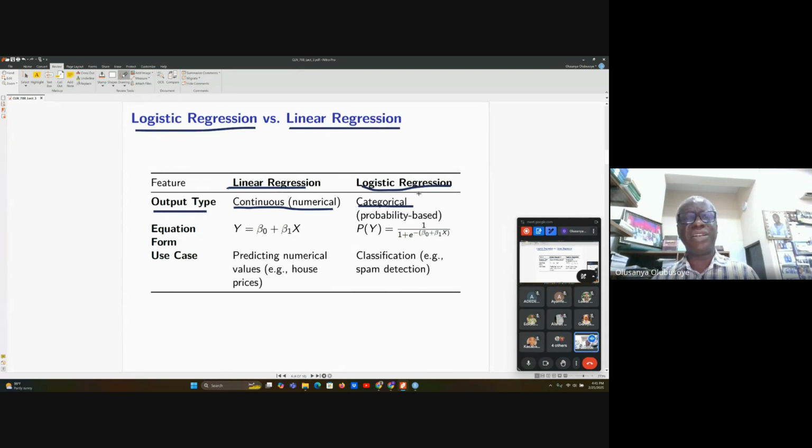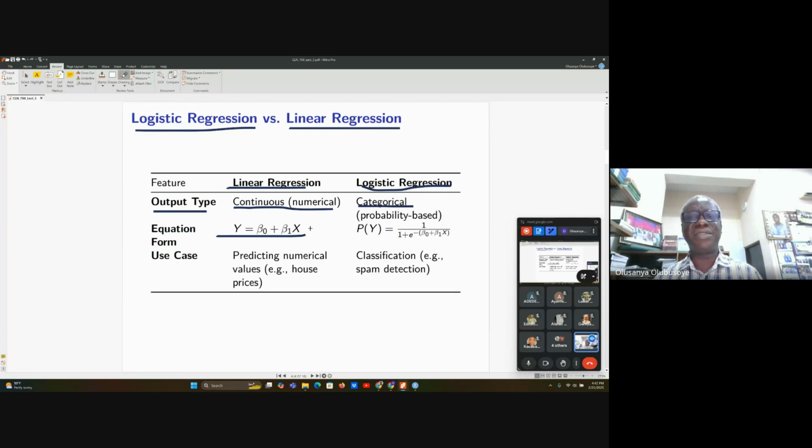But the equation is given for linear, it's a linear equation, and the linear equation simply expresses y as a linear function of x.